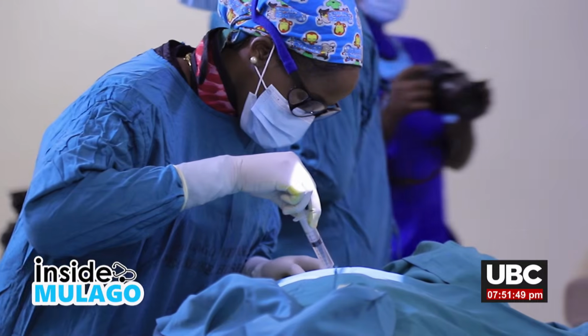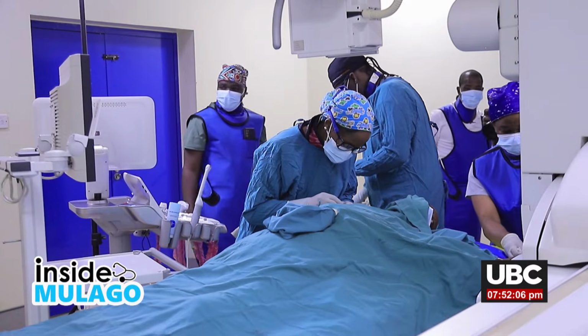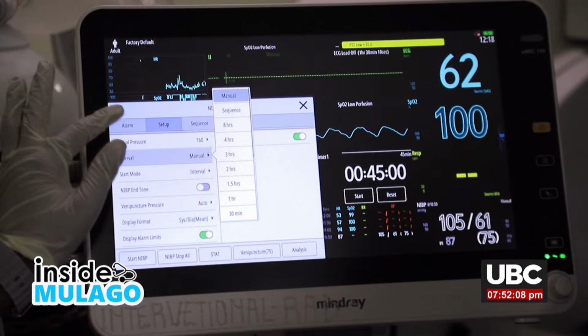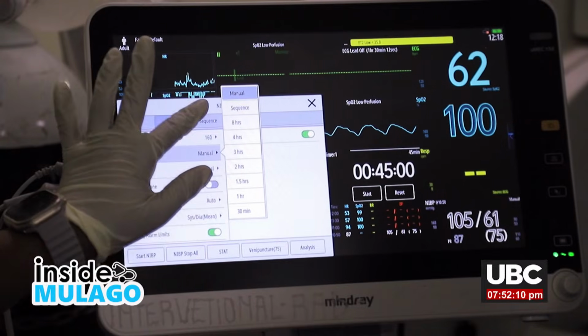Sometimes you have a stroke because a blood vessel in your brain has broken and therefore you have bleeding within the brain. That we call a hemorrhagic stroke. But sometimes you have a stroke because a blood vessel in your brain is blocked. Usually the blockage is because of a clot. That we call ischemic stroke.